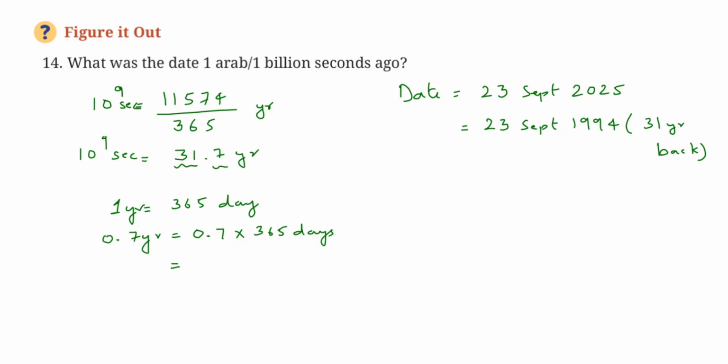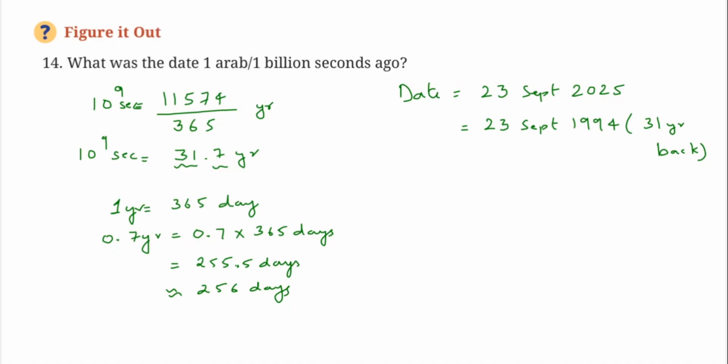So 0.7 times 365 is approximately 255 days. This is an approximate value, so let's ignore the fraction and round off to about 256 days. I'm rounding off here. So I have to go back about 250 days from this date. So let's go back. Now this is September 23rd, 1994.